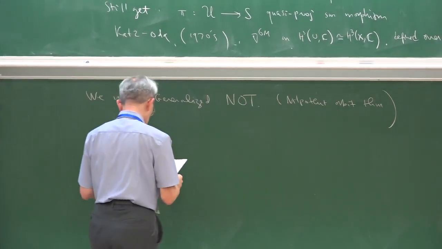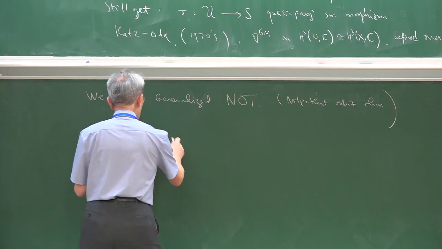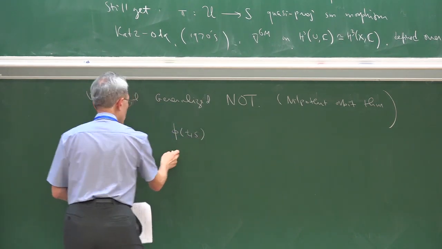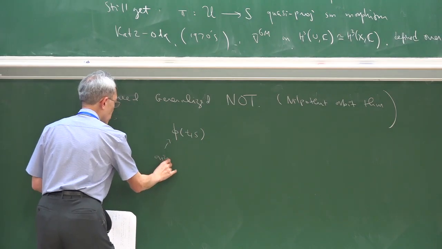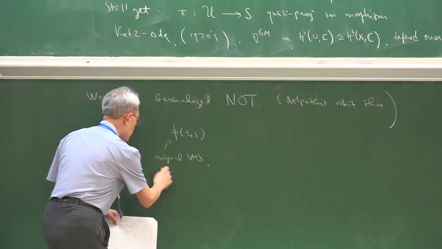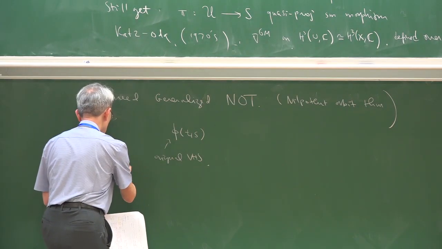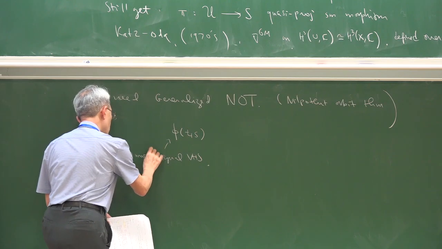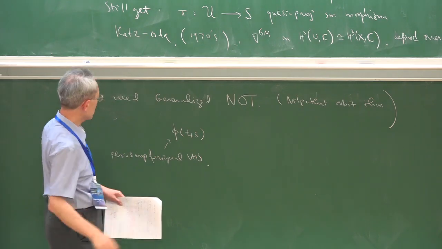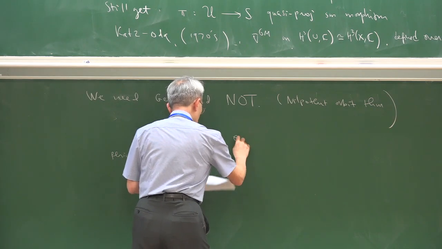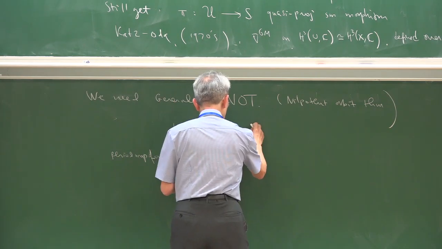What's that? Which says that your original variation of Hodge structure, that's your original variation of Hodge structure, the period map. And we know you always write something like this.